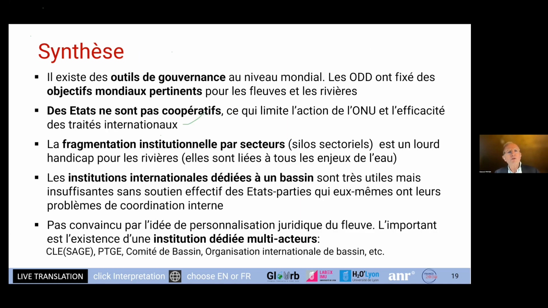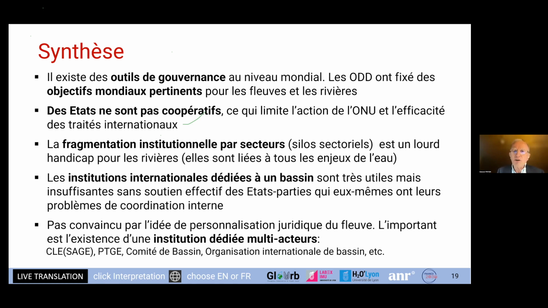So just to finish, and conclude my presentation. There are governance tools at global level, and the SDGs have global objectives that are very much relevant. The 20 global goals all concern rivers. So that's important when it comes to understanding rivers.